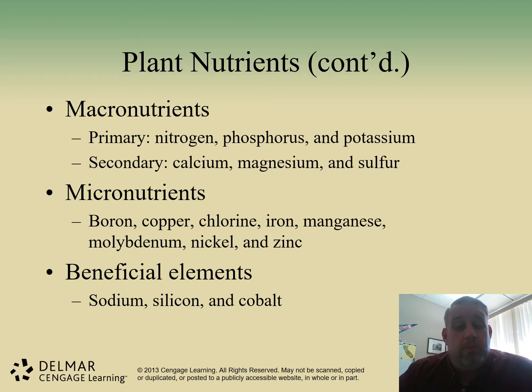Next, we come into micronutrients, and these include boron, copper, chlorine, iron, manganese, molybdenum, nickel, and zinc. These elements, some are used in such very little concentrations that you would never apply them to the soil. So, for example, boron and chlorine are almost never applied to the soil because they are needed in such minuscule amounts that they can be found just about everywhere.